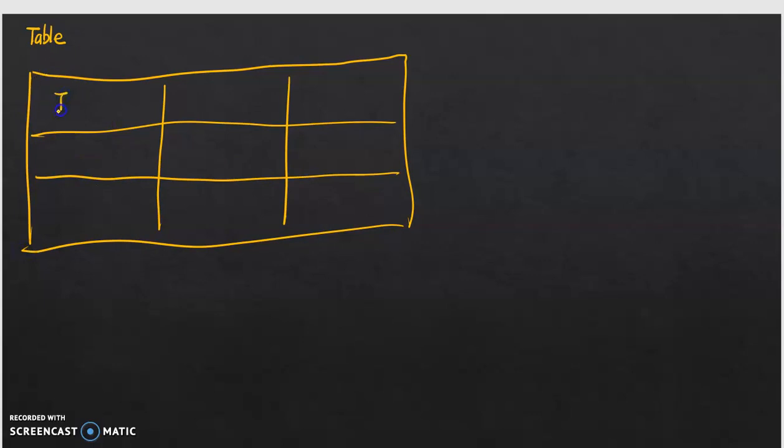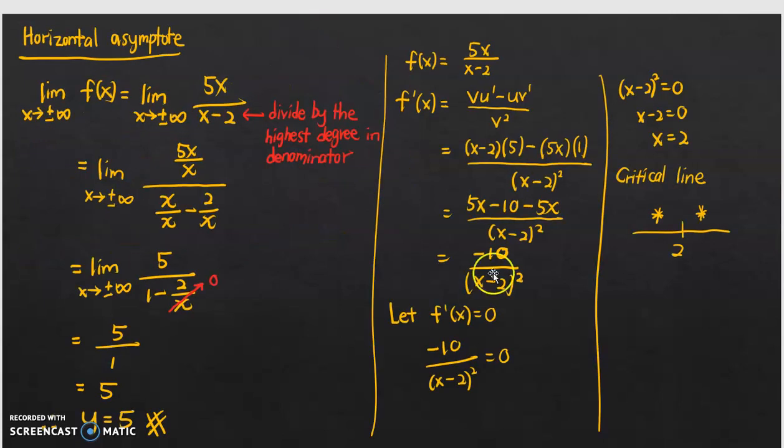First is interval, test value. Next is sign of f prime x, where our f prime x is negative 10 over x minus 2 squared.